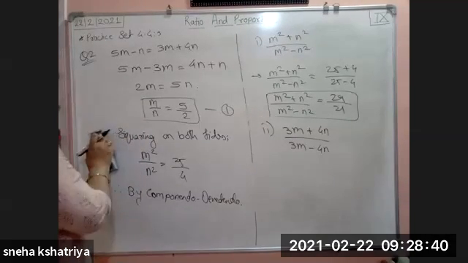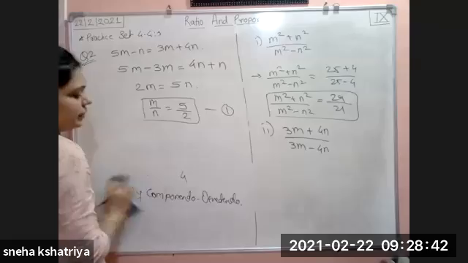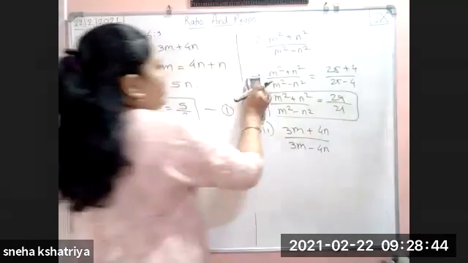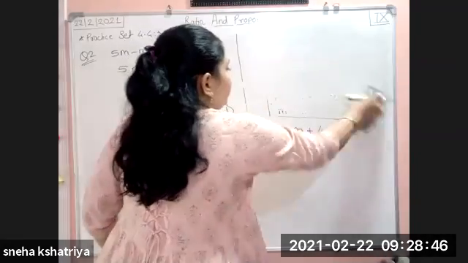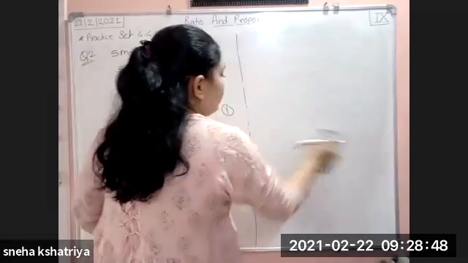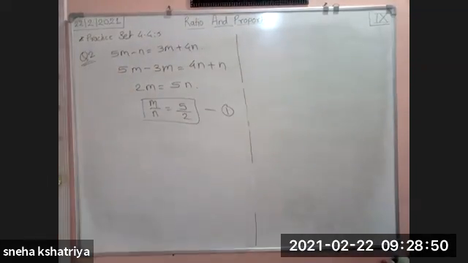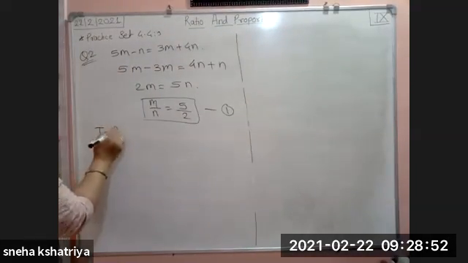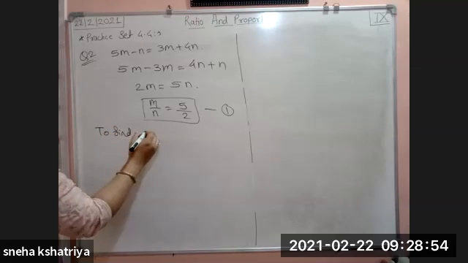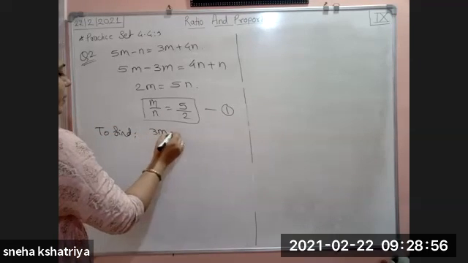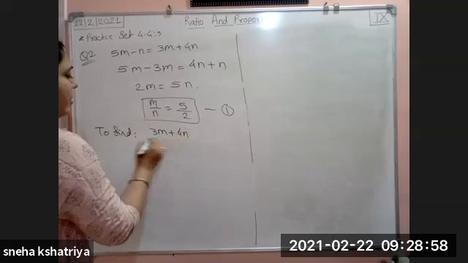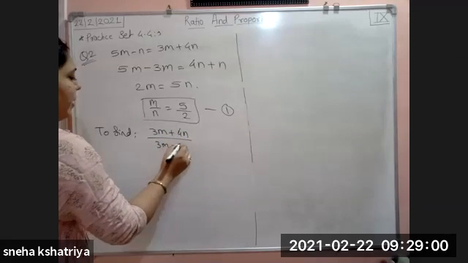Now, this I will drop and we will solve the second example. I'll write it here. To find the value of 3m plus 4n divided by 3m minus 4n.